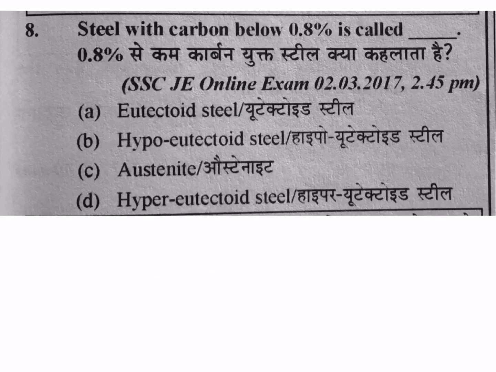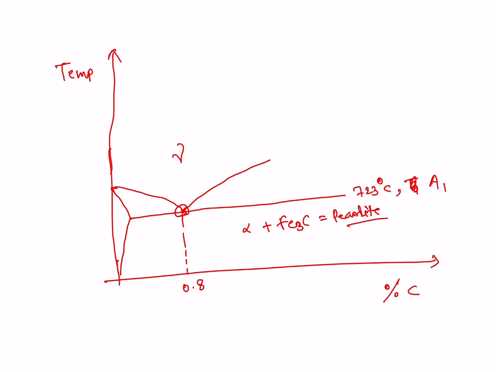So below 0.8% carbon, on this side, you will get hypoeutectoid, towards the right side hypereutectoid, because this point is the eutectoid point at 0.8% carbon.